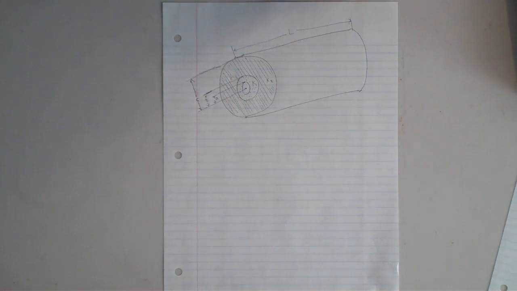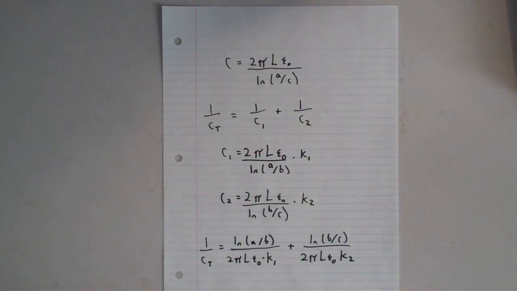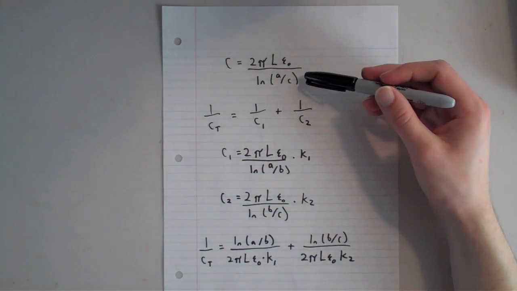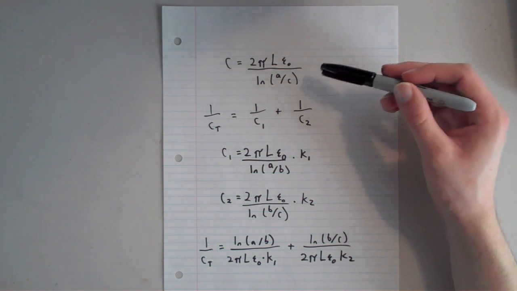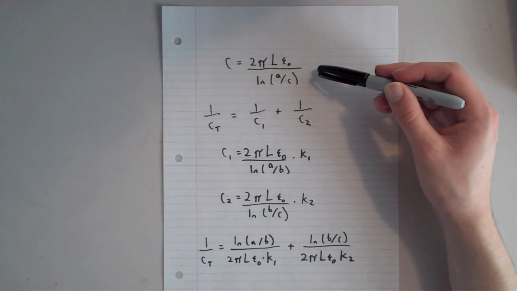We used 3 equations in the solution. We used the equation for the capacitance for a cylindrical capacitor with no dielectric, which again, if you don't know how to get that, watch my other video.